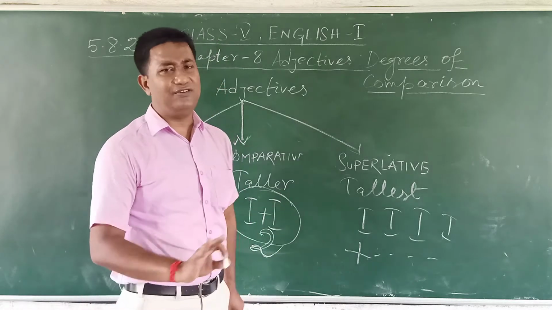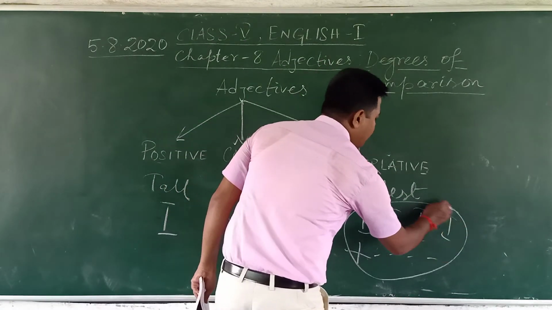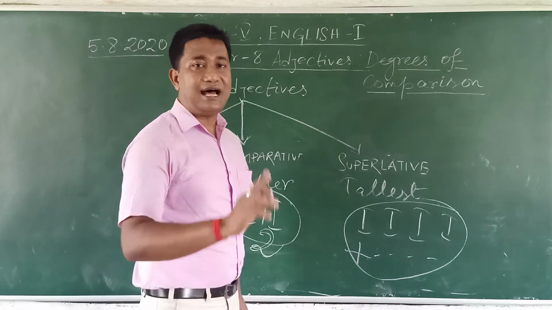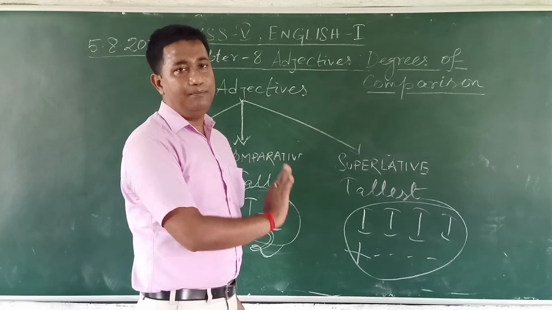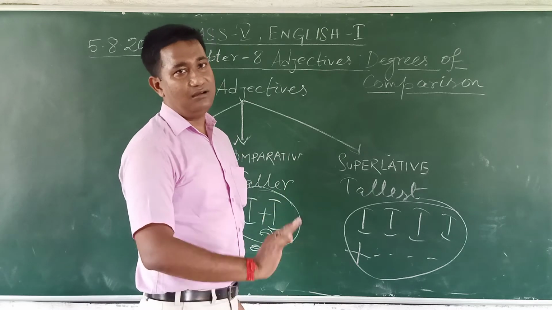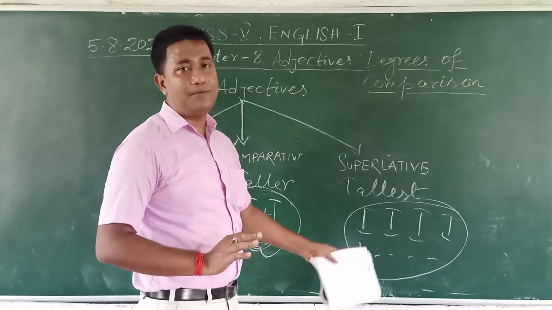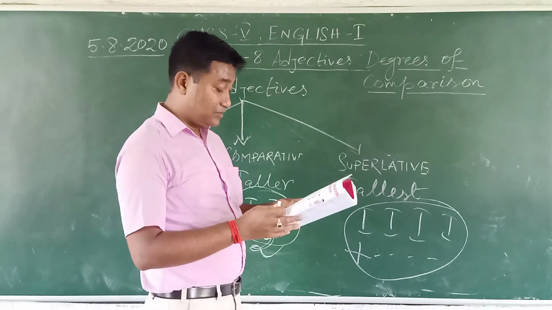The number of persons or things can be included, but you have to choose the highest form. Understand it in your copy, whatever it is: the highest form.